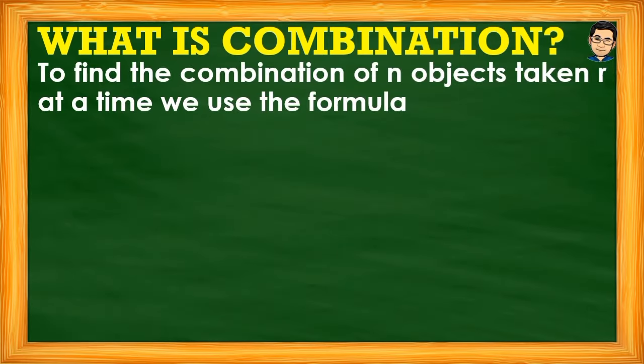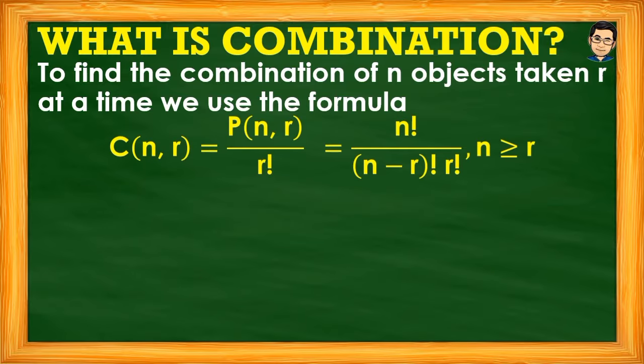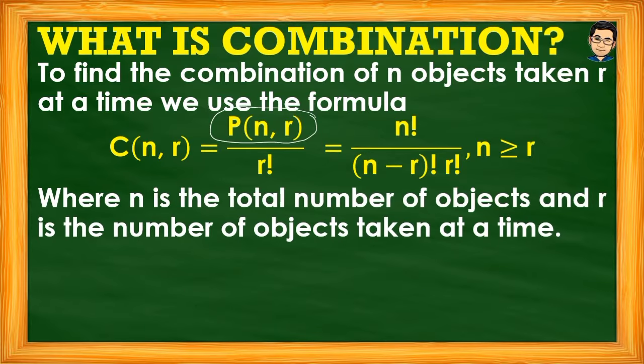So, to find the combination of n objects taken r at a time, we use the formula. Ayan. So, kung makikita nyo po, meron po dyan yung formula for permutation. So, yung formula for permutation, i-divide po natin siya sa r factorial. It's because for combination po kasi, hindi naman kasi important yung arrangement. Like, for example, ABC.